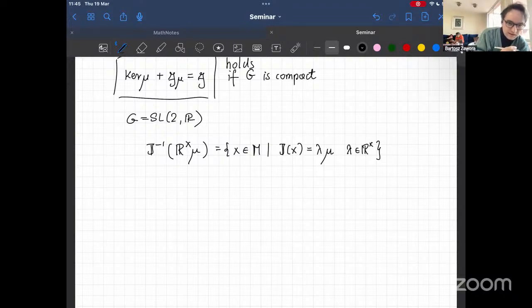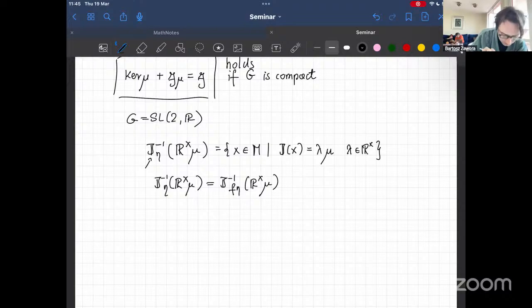Okay, and then you can see that, if I denote by J eta the momentum map associated with eta, the pre-image of R cross mu is the same as J2 minus 1 of F eta, where F eta is a non-vanishing function. So using this idea, instead of taking the level set, he takes the pre-image of an orbit.